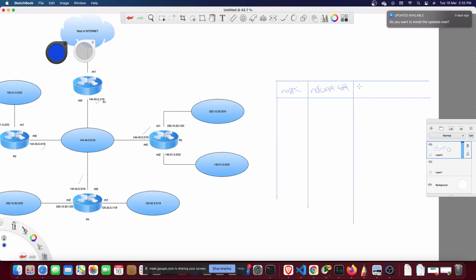And another one is next hop. And interface. Interface number or interface.